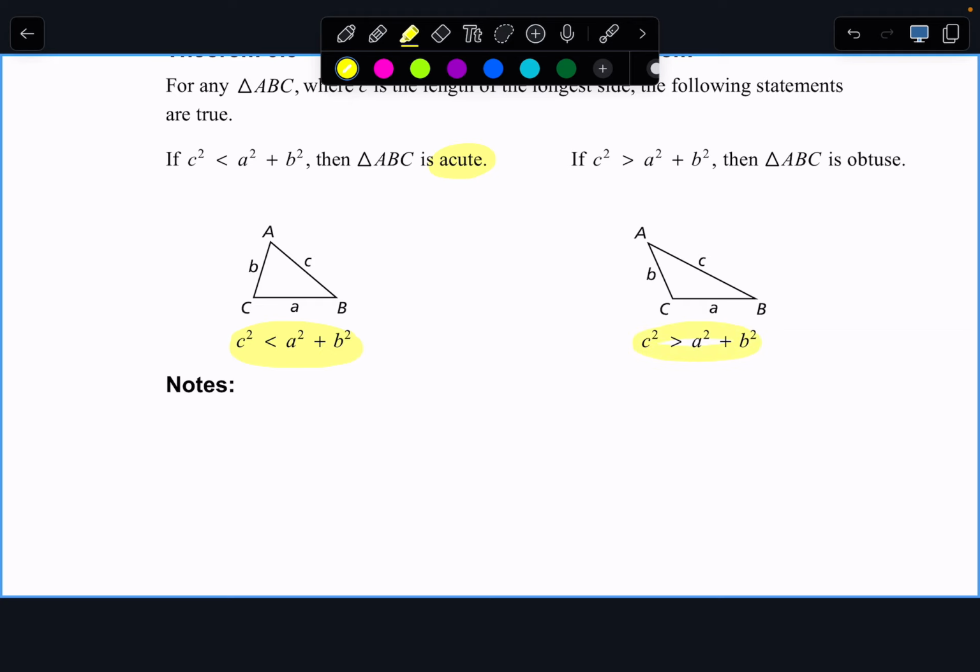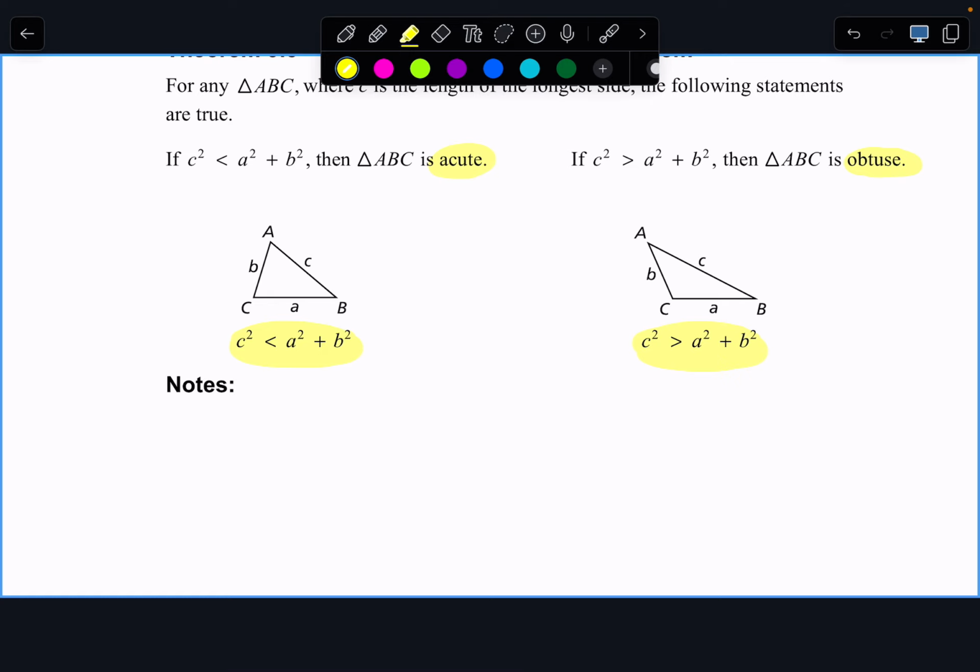If c squared is larger than a squared plus b squared, then we have an obtuse triangle. So just because it's not a right triangle doesn't mean we don't know anything about it. We can tell with the converse of the Pythagorean theorem whether it's acute or obtuse.